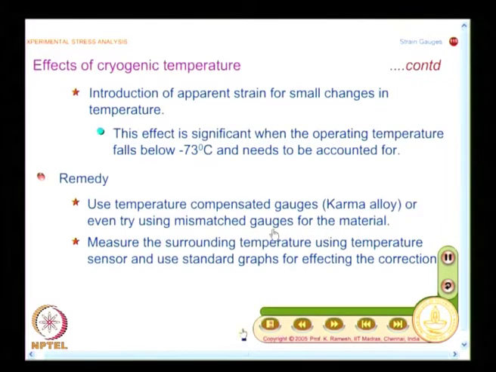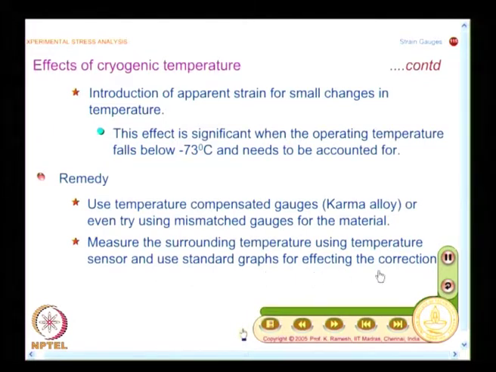So, I may have a STC gauge meant for a different material to be applied on this material, so that I account for the apparent strain because of low temperatures below minus 73 degrees centigrade. And as I mentioned earlier, measure the surrounding temperature using temperature sensor and use standard graphs for effecting the correction.